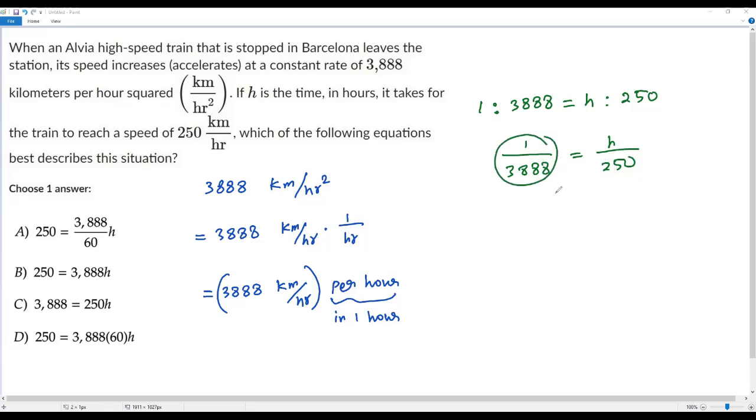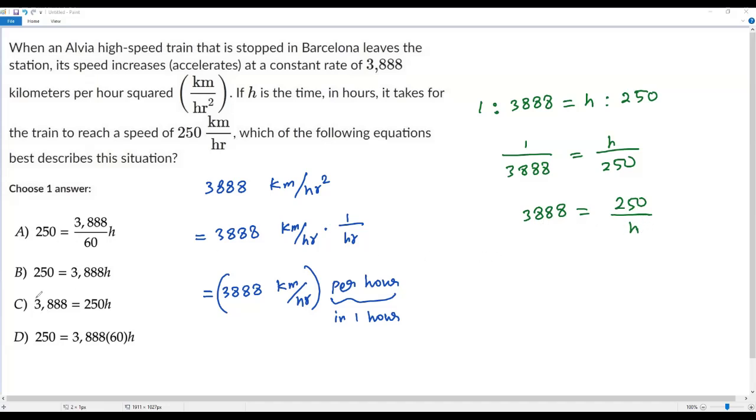If I take the reciprocal of 1 over 3,888, I'm just getting 3,888. If I take the reciprocal of h over 250, I'm getting 250 over h. So I'm getting an equation which is solved for 3,888 in terms of h. That is 3,888 equals 250 over h.